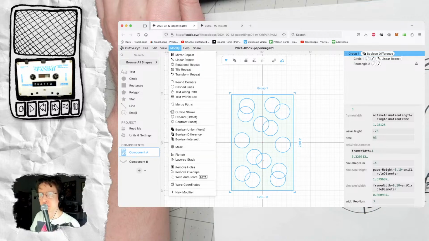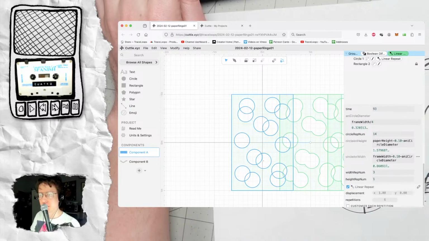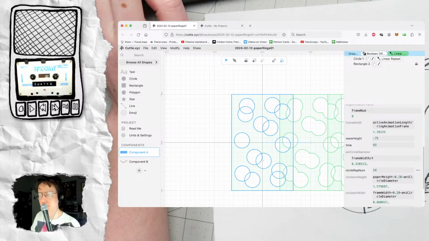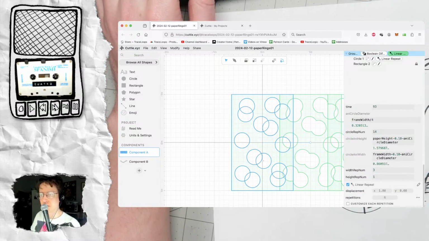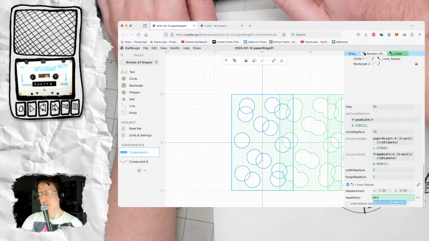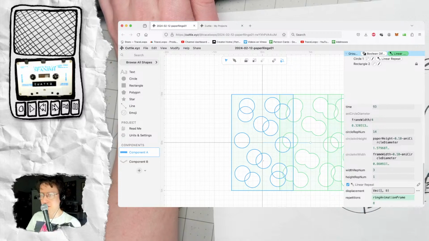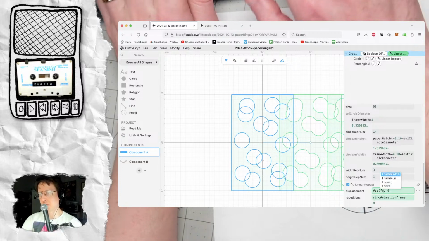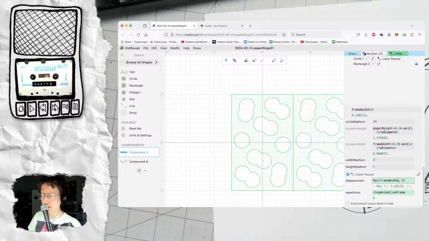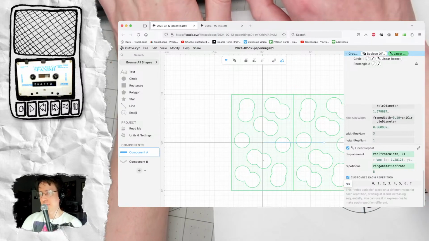Modify. Linear repeat. And frame width is determined by that. Partition. Ring animation frame. Displacement is frame width. Customize each repetition. This is rep 2.